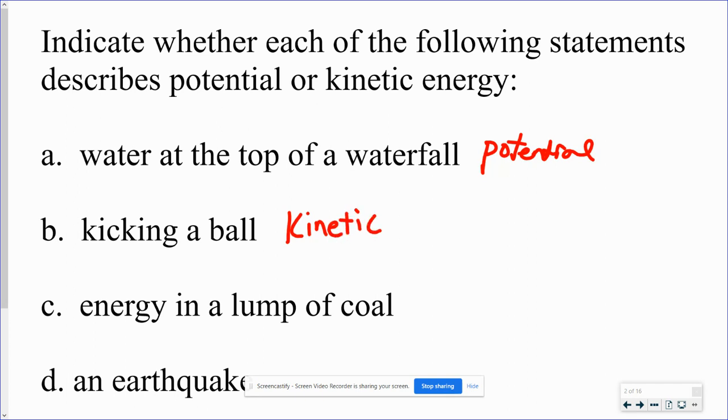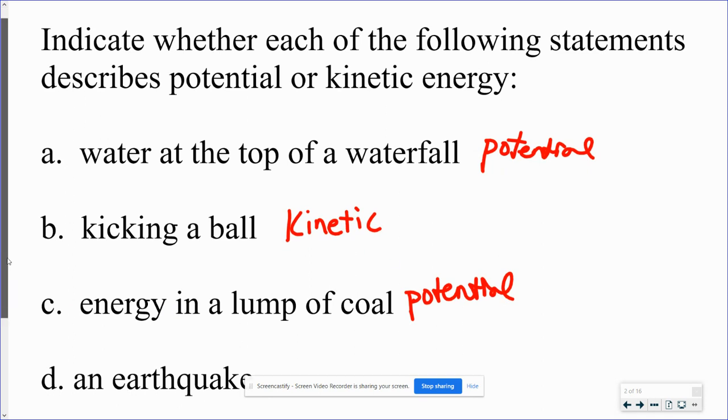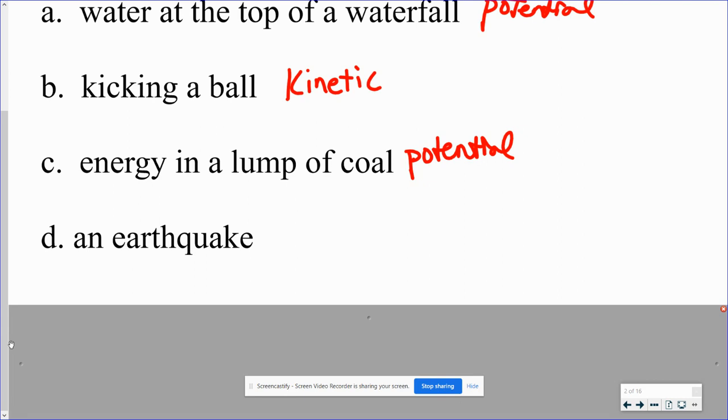Energy in a lump of coal is stored in there, that's potential, until it's actually being burned, and then it would be kinetic. And the other one on here is an earthquake, that's kinetic, that's motion. So it's energy actually in the process of being used, energy of motion, versus stored energy.